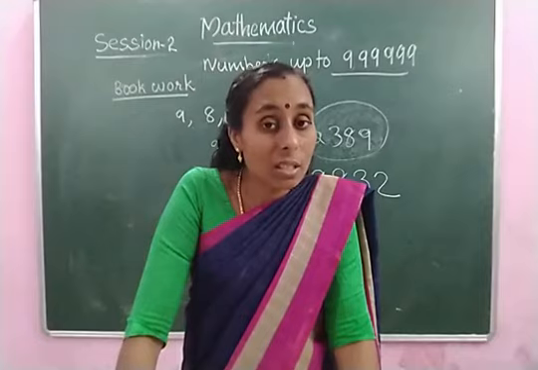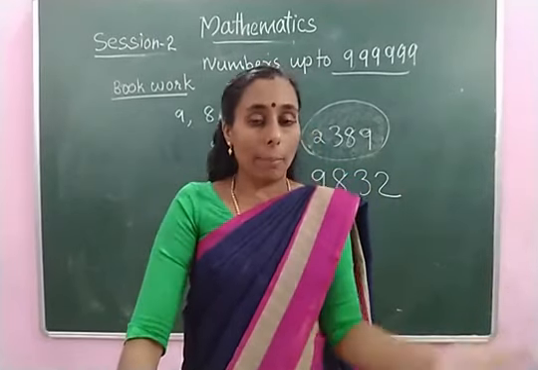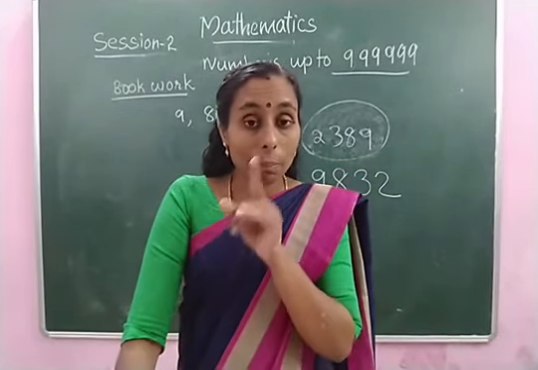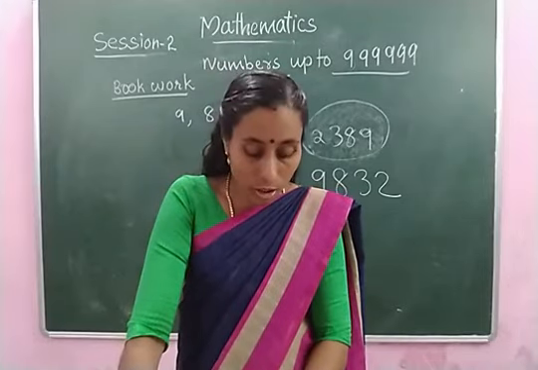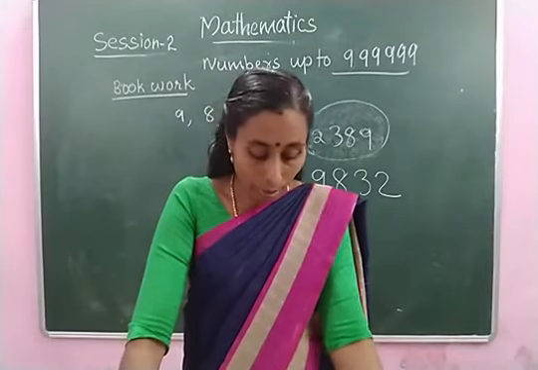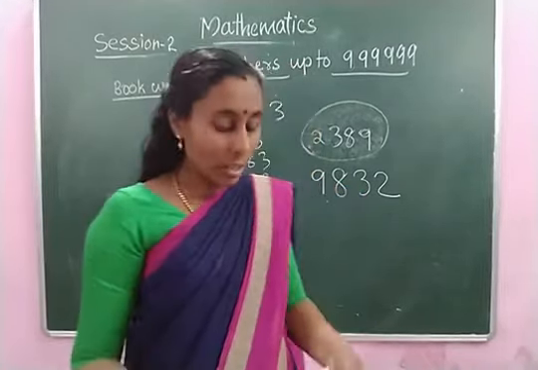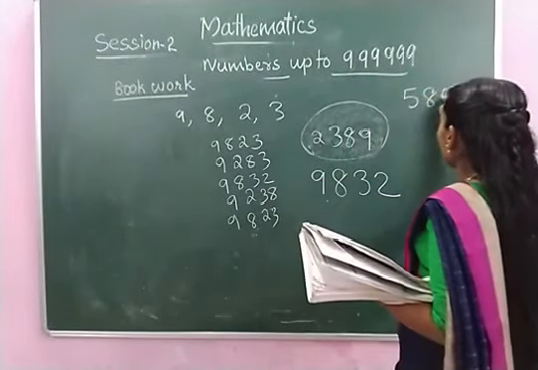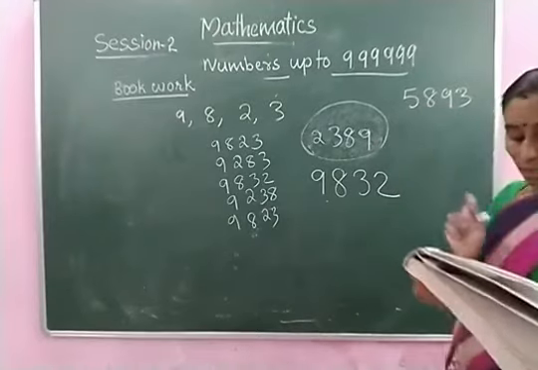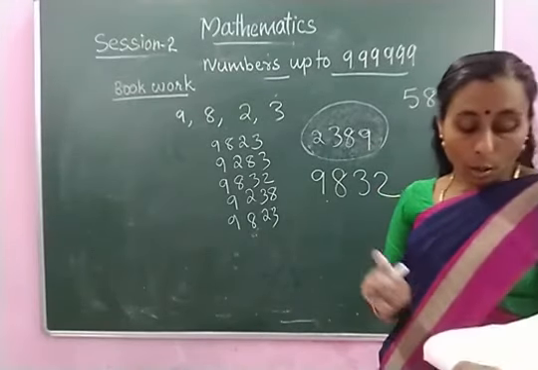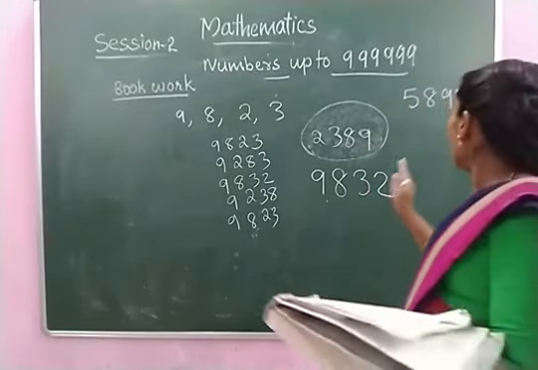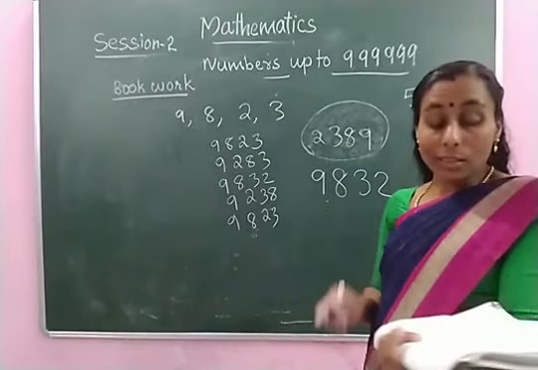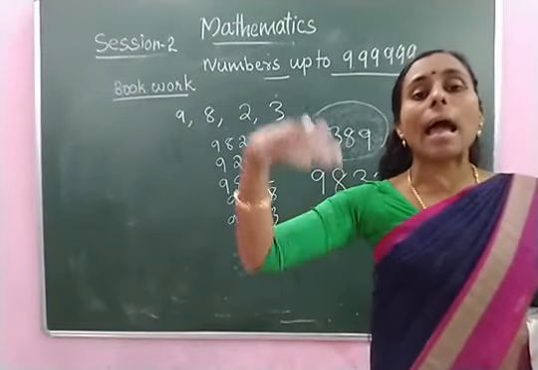Okay. Next one. The dash is the predecessor of 5894. Predecessor means the number just before. While subtracting 1, we get the before number. What is the predecessor of 5894? 5893. Then successor means the number just after.